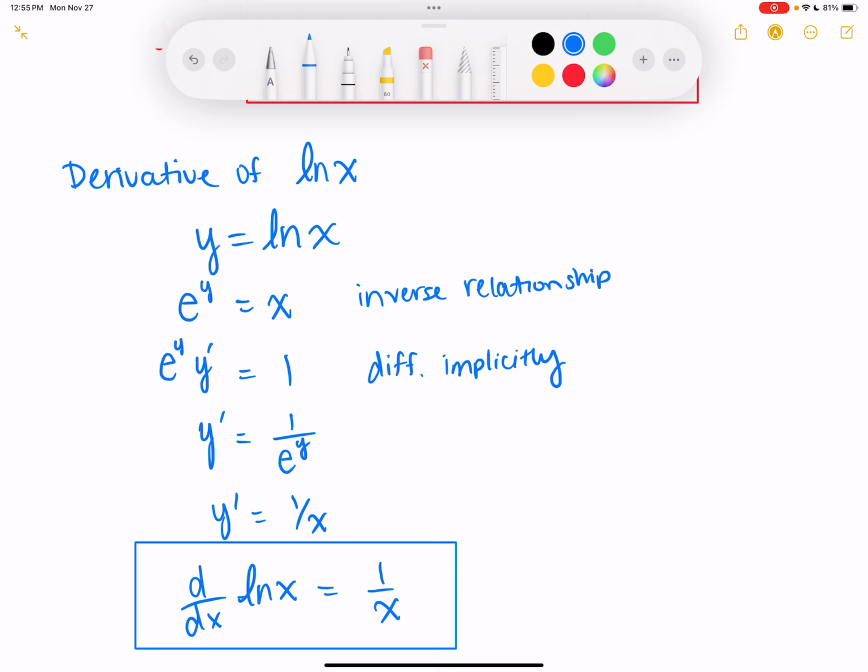Fortunately, these aren't crazy like the inverse trig ones. They're a lot easier to memorize.